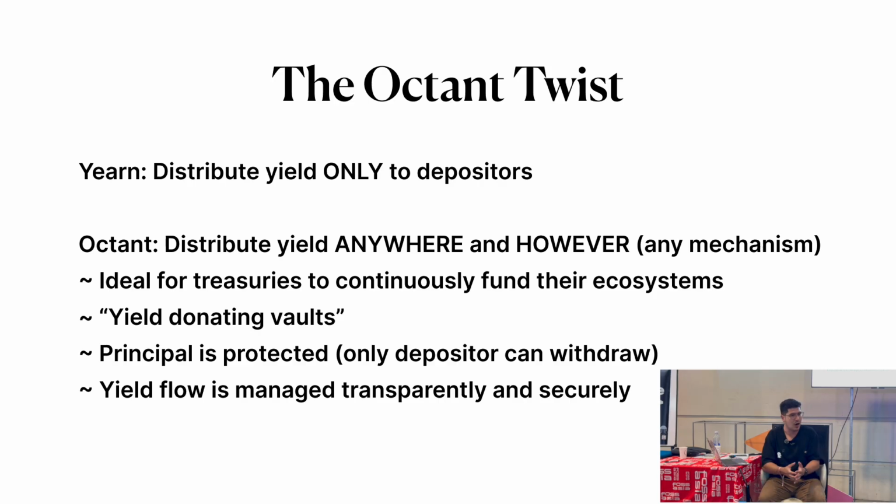And some other DAOs have already passed proposals to use it to fund their own ecosystems and keep fostering open source. So yeah, the benefits are that your principal, the initial investment, is protected, and the yield is managed very transparently without any capture risks on the initial investment from different ecosystems.